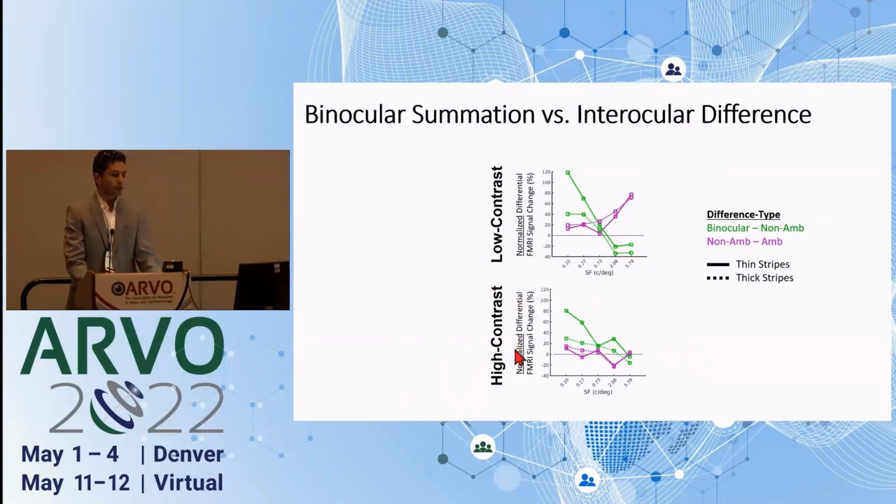When you go to high contrast stimuli, that inhibition is almost gone. The difference between the two eyes is almost gone, but for low contrast, low spatial frequency stimuli, you still see that binocular summation effect.